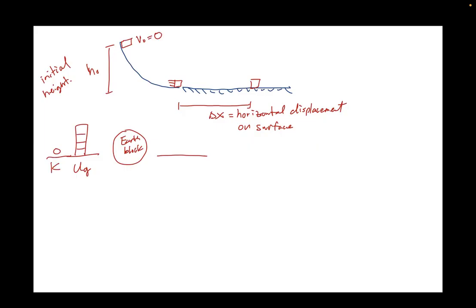Later on, those are going to flip-flop. So we'll have 4 blocks of kinetic. We'll make the gravitational potential energy 0 at the bottom of the ramp. But after that, the block will stop moving, and so they'll both be 0. That is because there will be some negative work due to friction.